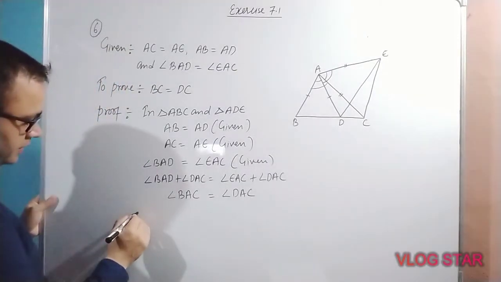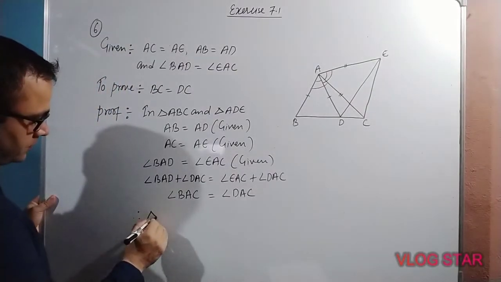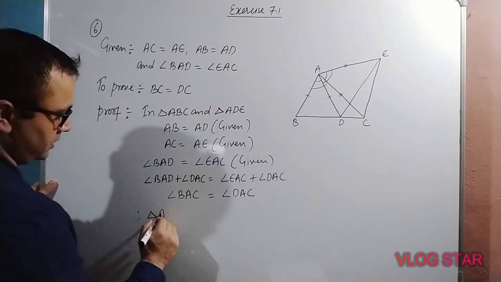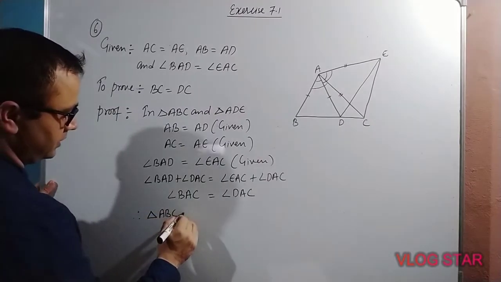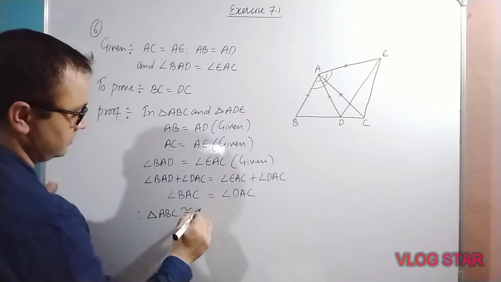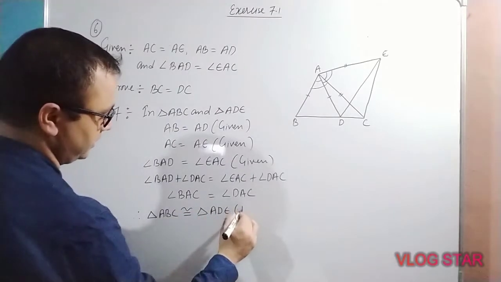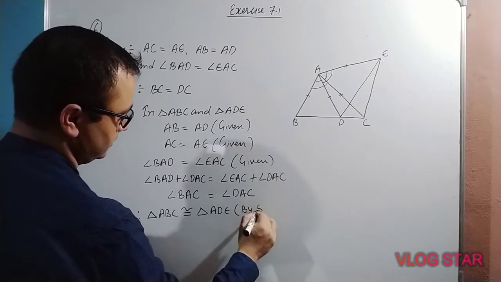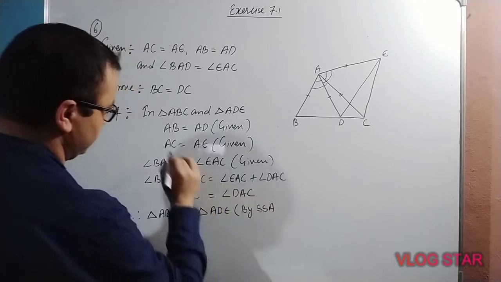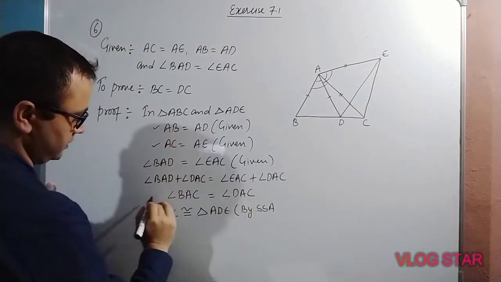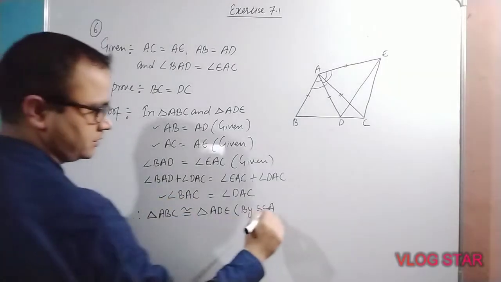Now we can write, therefore, triangle ABC is congruent to triangle ADE by SAS congruency, side, angle, side.